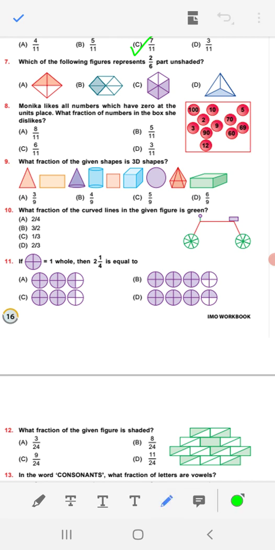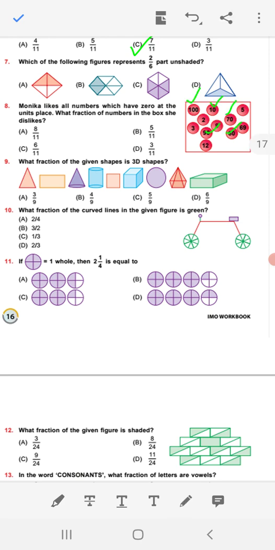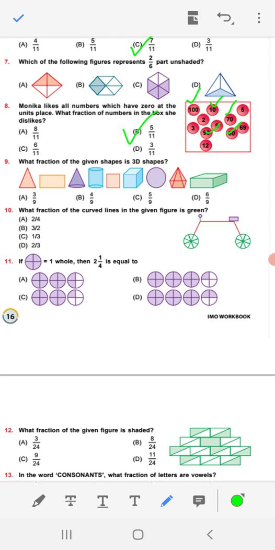Numbers having unit digit 0 are 100, 10, 70, 60, 90. So 1, 2, 3, 4, 5. 5 total numbers are there out of total 11 numbers. So this part becomes 5 by 11.